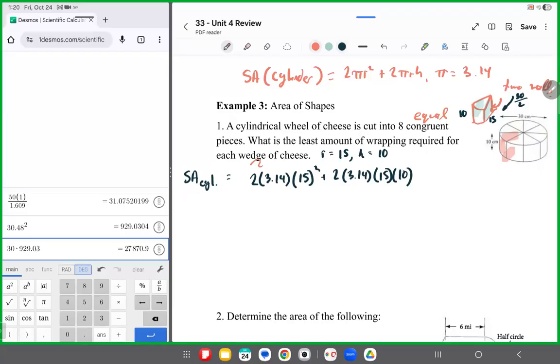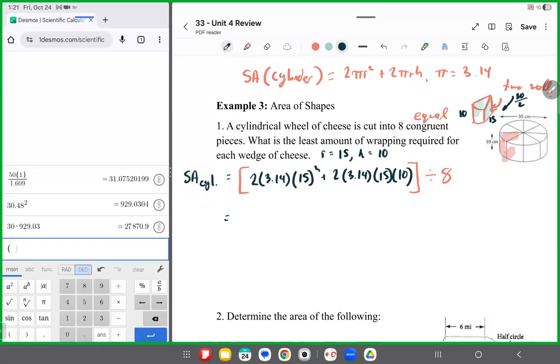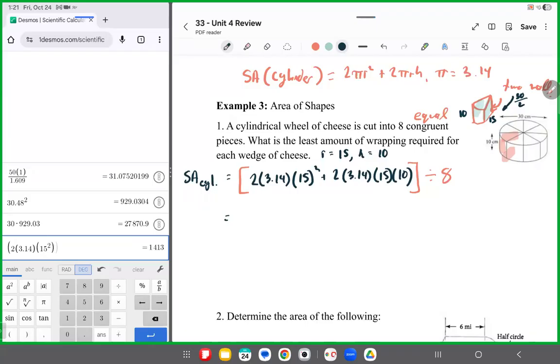But then we need to take this entire answer and divide it by 8 afterwards because we only want 1/8 of this. So this will be equal to what? Well, we type this in. So this will be 2 times, and again, you could type this in as you see it, 3.14 times 15 squared plus 2 times 3.14 times 15 times 10. And then afterwards, you can see that the surface area of the whole thing is 2355.